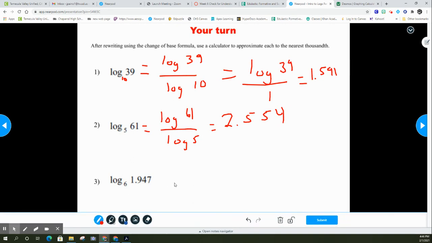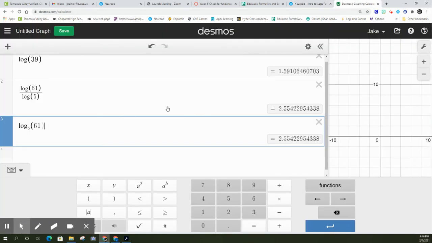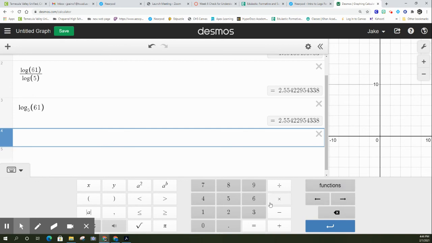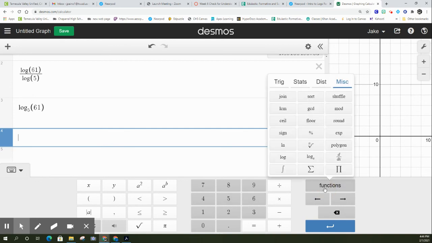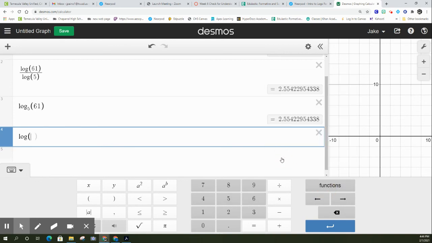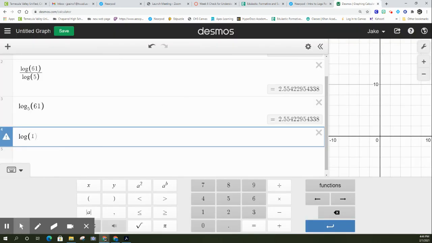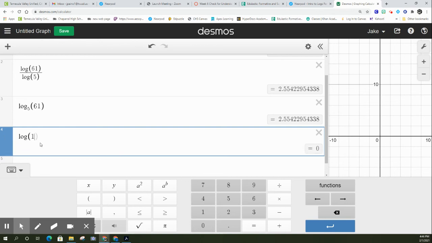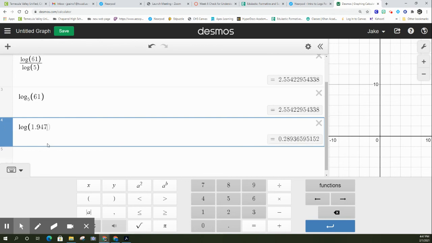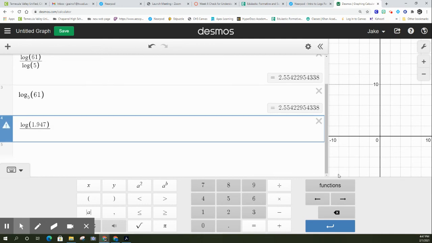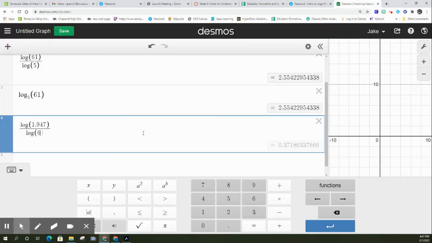And the last one, log base 6 of 1.947. So log 1.947 divided by log 6 gives me my answer of 0.372.